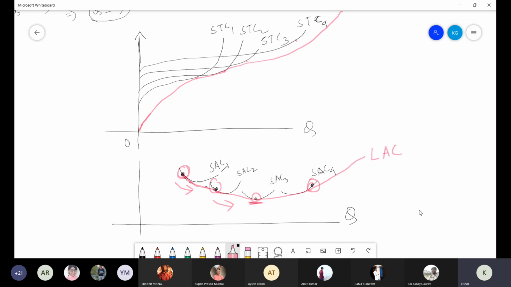But if you think about any production activity, there is always scope to bring efficiency. Say for example, I was giving you an example of producing something and hiring labor. Ultimately I identified, suppose, that 15 is the optimal level of labor. Then also there is scope to bring efficiency related to labor.